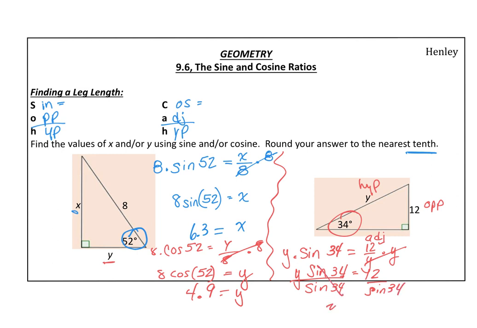This cancels, leaving y equals 12 divided by the sine of 34. So into your calculator, put 12 divided by sine, open a parentheses, type 34, close the parentheses, and your answer will be y equals 21.5.